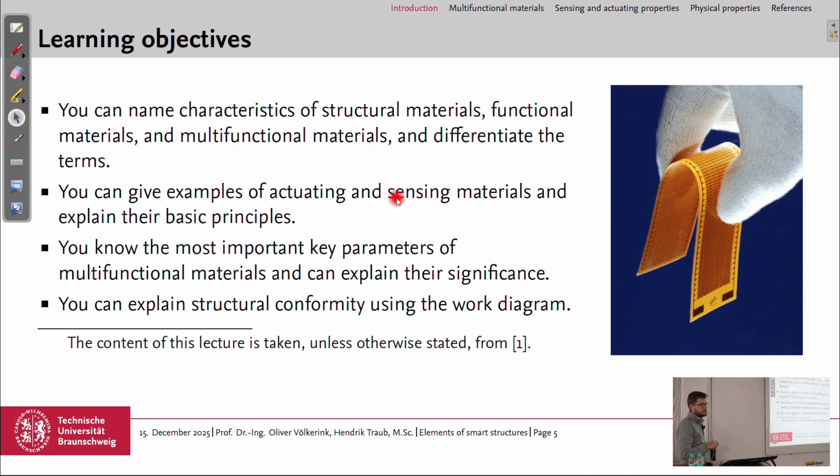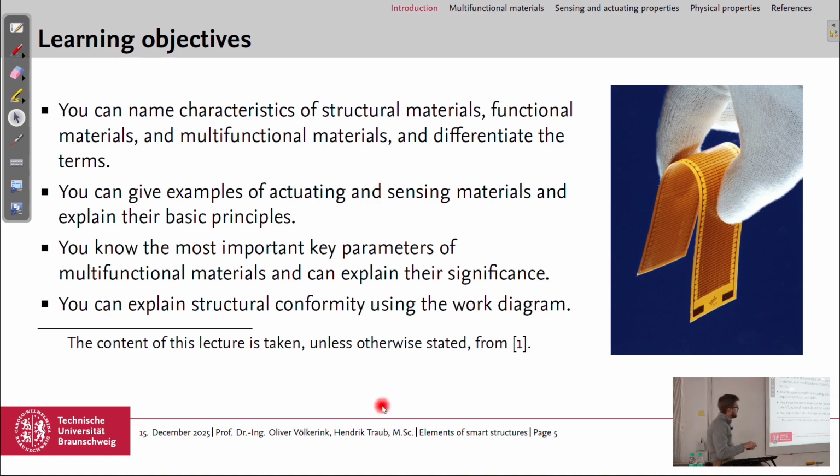Just name the materials, not their physical mechanisms. You know the most important key parameters of multifunctional materials and can also explain their significance. And you can explain structural conformity using the work diagram, which we will introduce in this lecture.